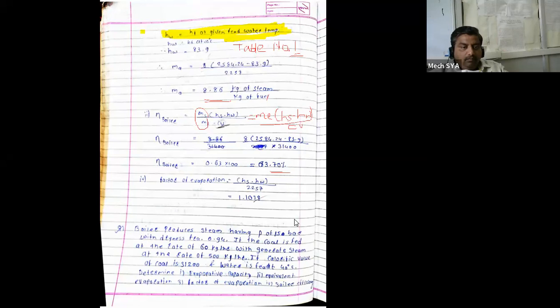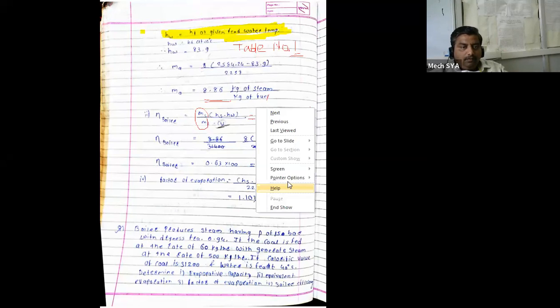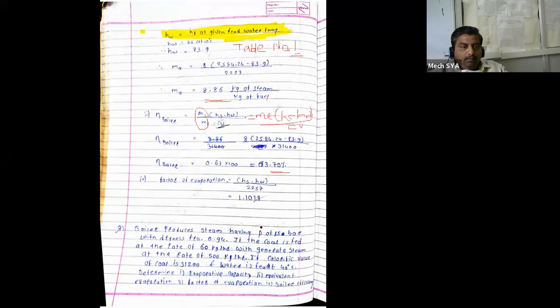A boiler produces steam having pressure, I will write P means pressure, 15 bar, with dryness fraction 0.94.